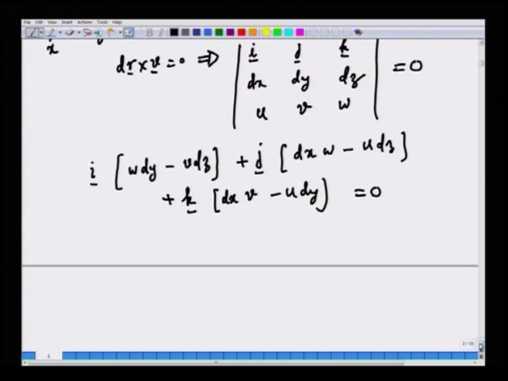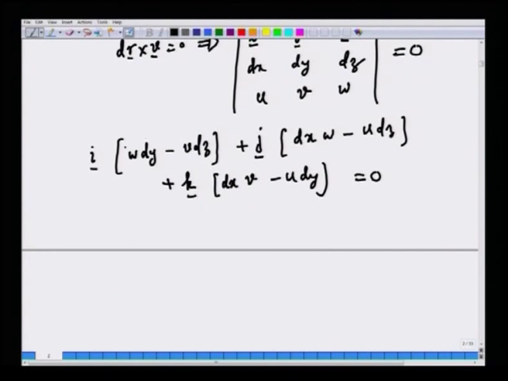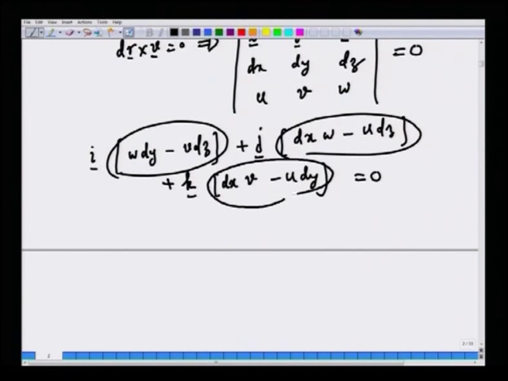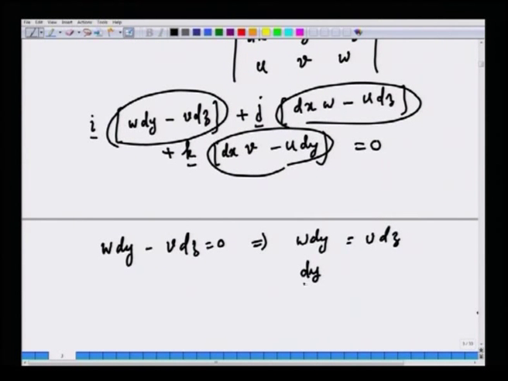If this is 0, and it is a vectorial quantity, the individual components along the three directions must be individually 0, because these are three orthogonal directions. So, w dy minus v dz is 0, which implies w dy is v dz, or dy by v is dz by w.